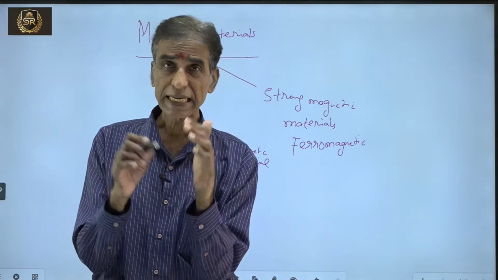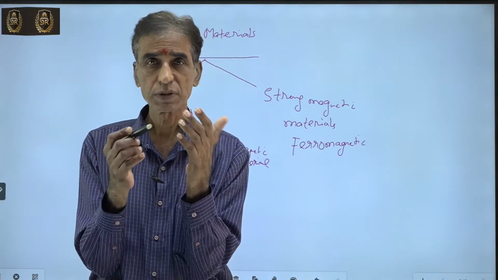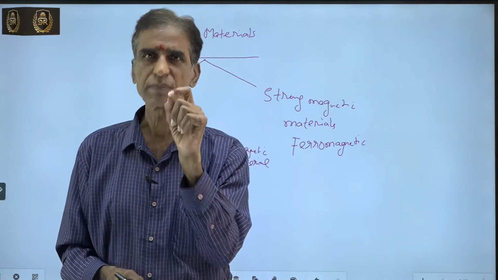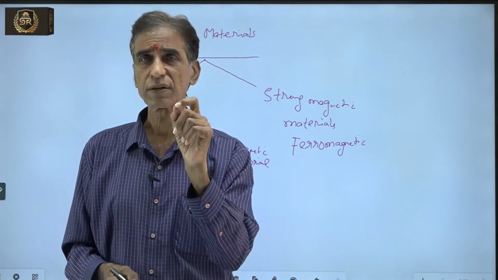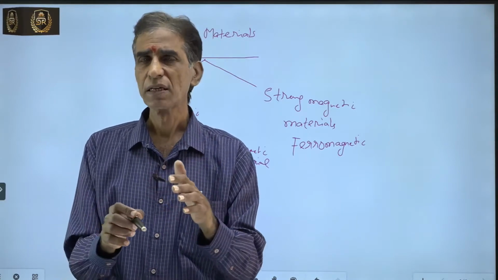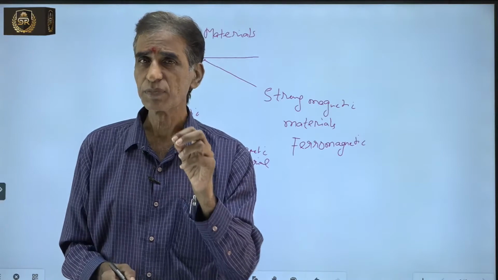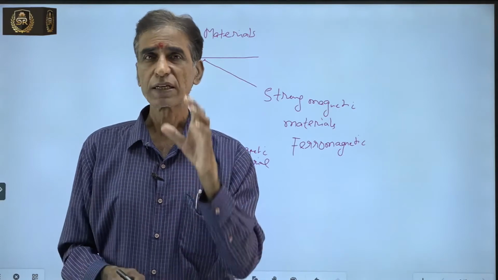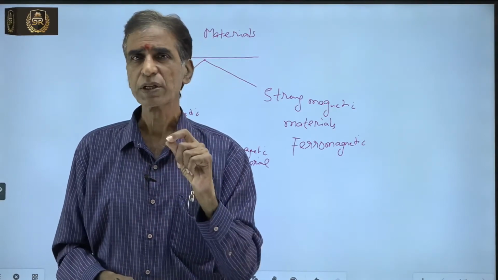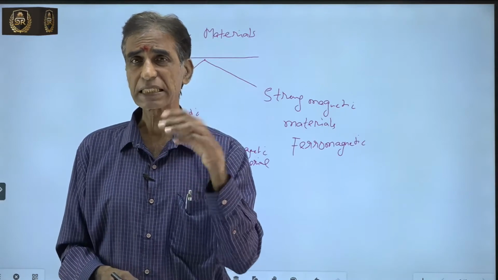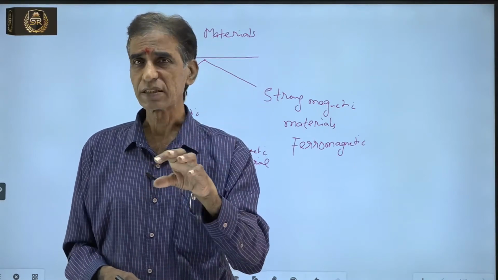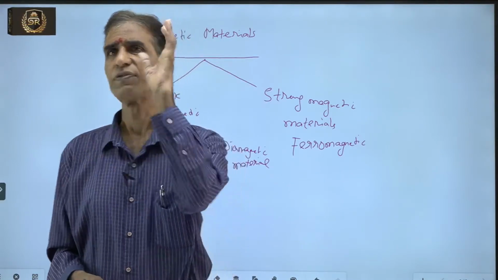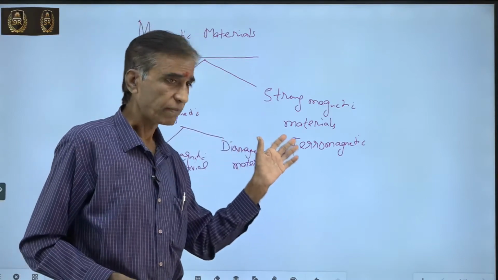Due to rotation there will be a magnetic moment, because one electron is like a magnet, and due to spin it will also have a magnetic moment. That combined magnetic moment of the electron coincides for ferromagnetic materials. So when we keep a ferromagnetic material in an external magnetic field, all the magnetic moments of the electrons, both rotational and spin, align in the direction of the field. That is why they readily become magnetic materials.